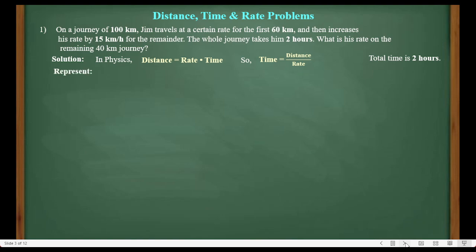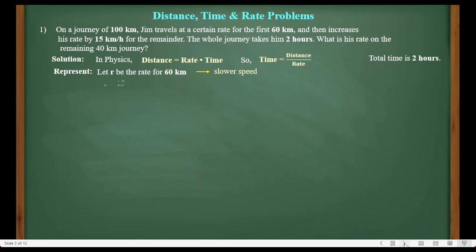Now let us have the first part of our solution, and that is representing the unknowns involved in the problem by symbols. Let's say we represent the symbol r for the rate or speed of Jim for his 60-kilometer trip. This is his slower speed during the 60-kilometer trip.